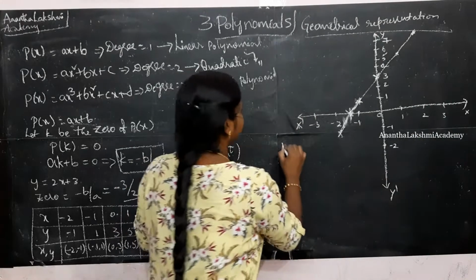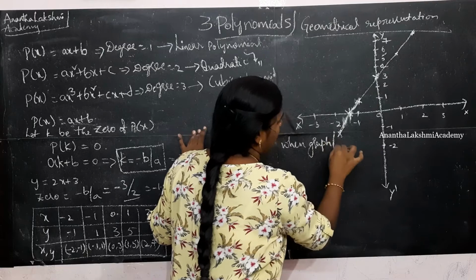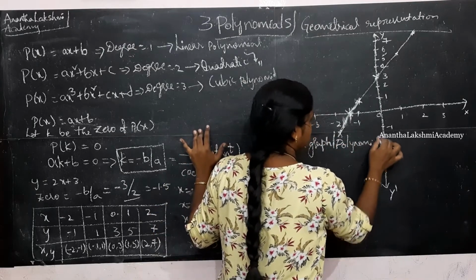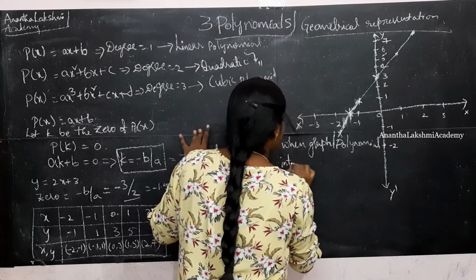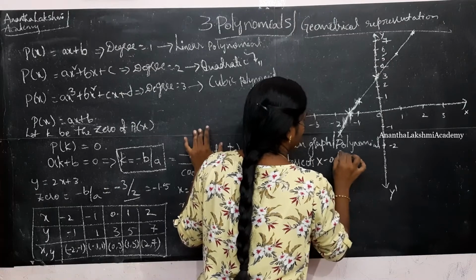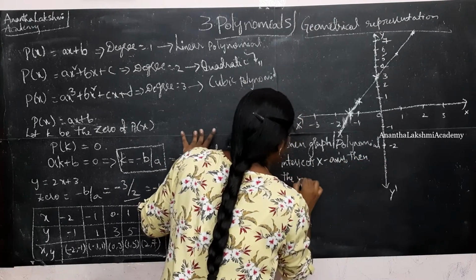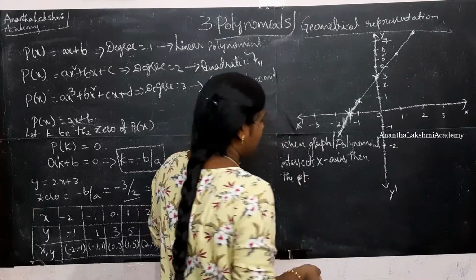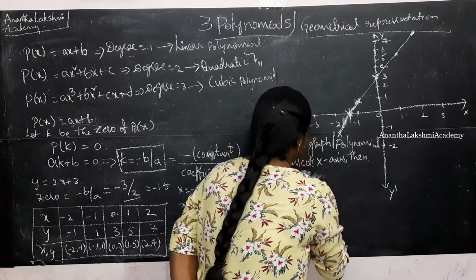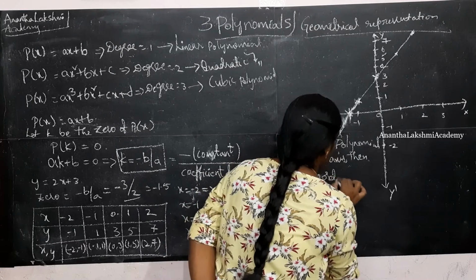When the graph or polynomial intersects the x-axis, then the value or the point is nothing but, in detail if you want me to say, the x coordinate of the point.